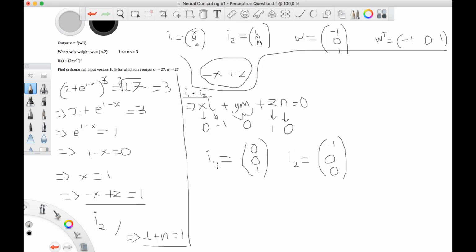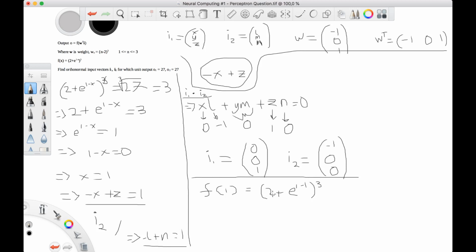What is f1? Well, that is equal to 2 plus e to the power of 1 minus 1, cubed.